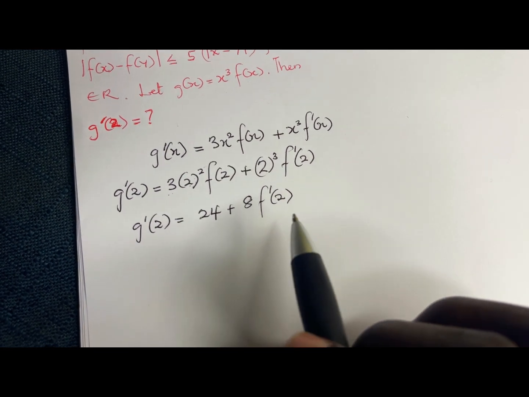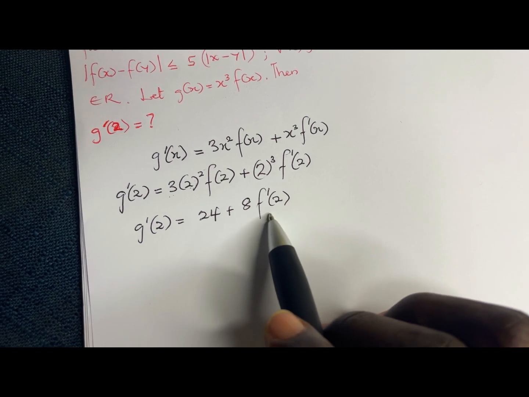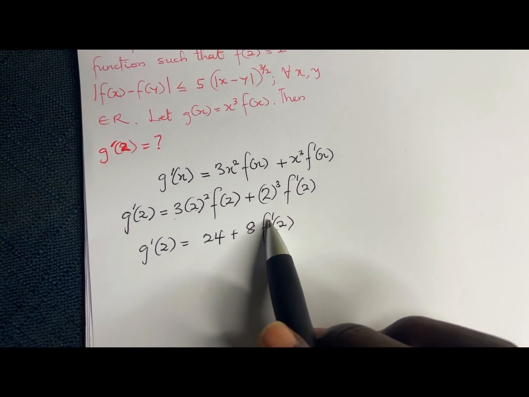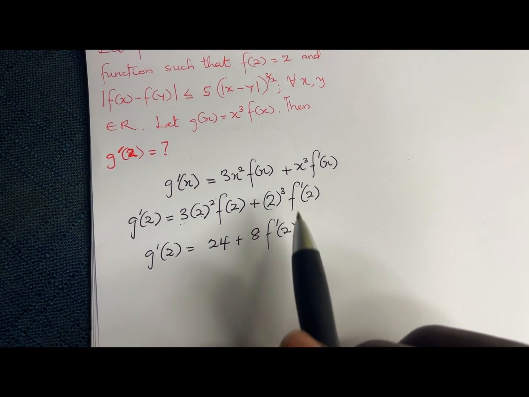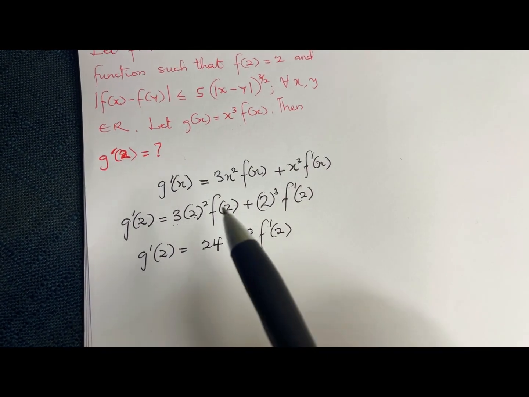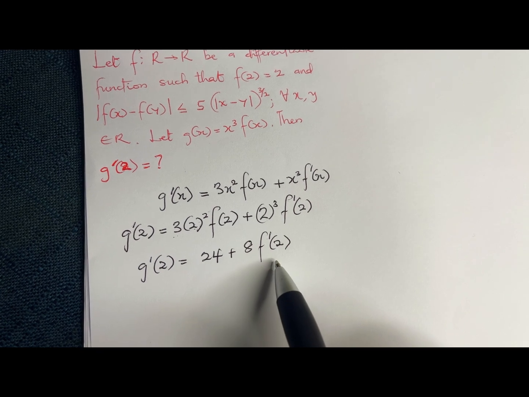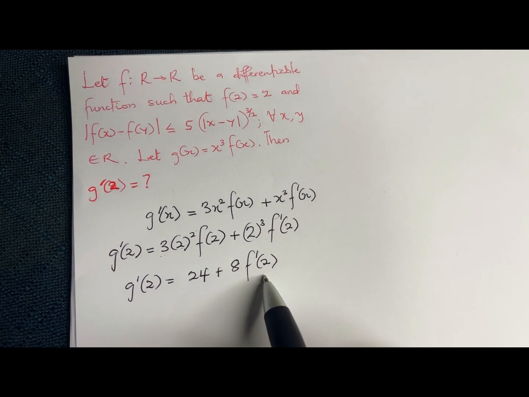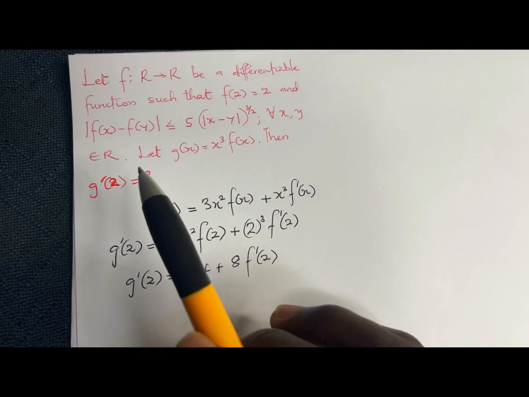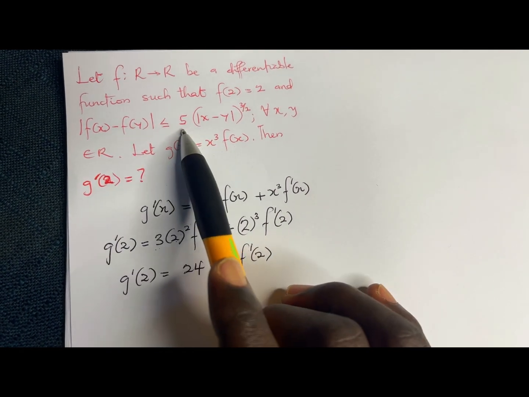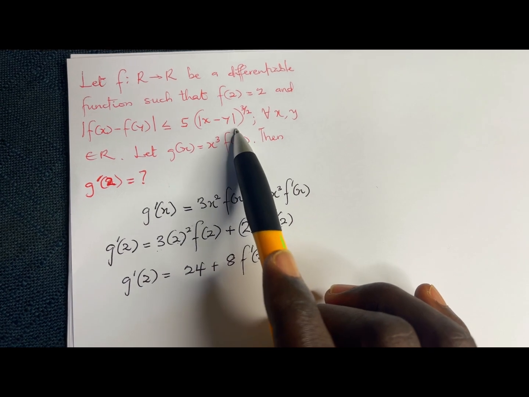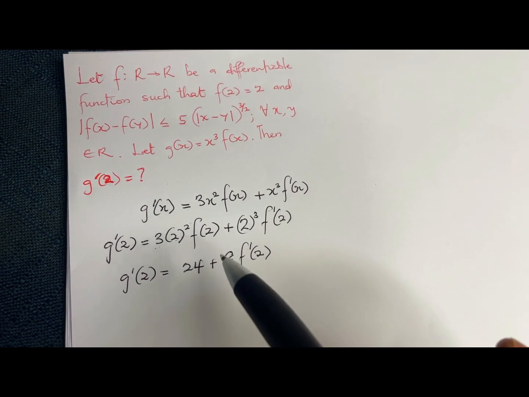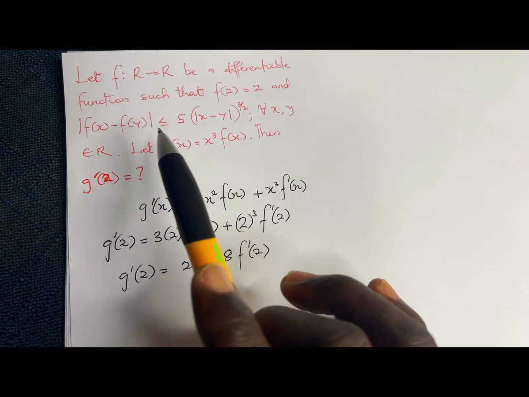Now the problem is to find what f prime of 2 is. We know that f prime of 2 is the derivative of the function f of x. Since the inequality here is a Lipschitz condition, we can derive f prime from it.